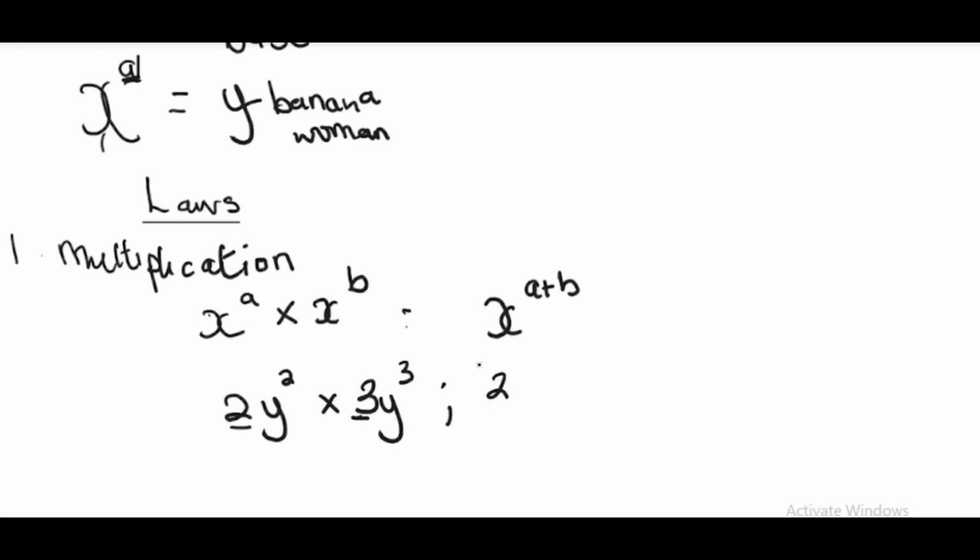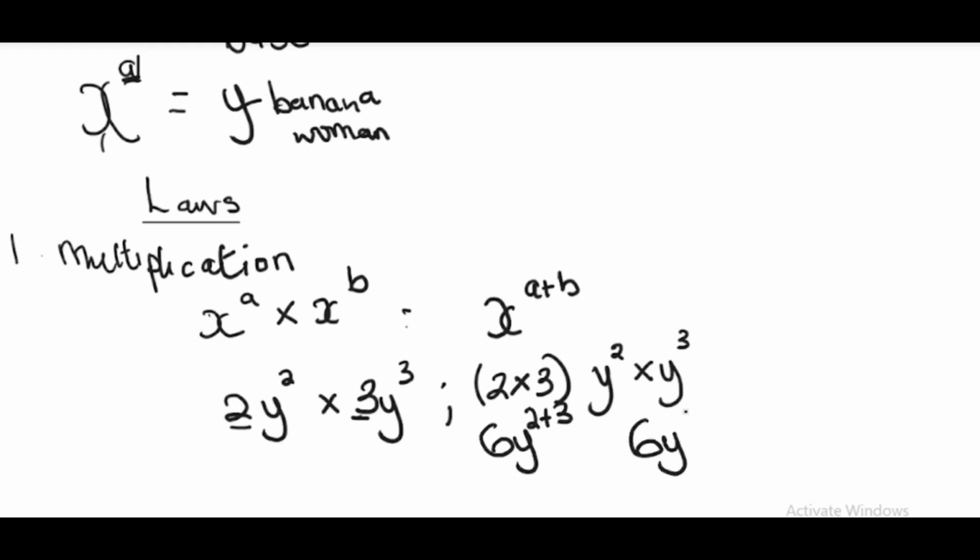You put them in a bracket using the sign between the two terms, keep them by the side, and write down the two bases that are the same so that we can apply the law. So when these two terms are multiplied together, you have 6y to the power of 2 plus 3, because the multiplication law says we should add the powers, and that will give us 5.